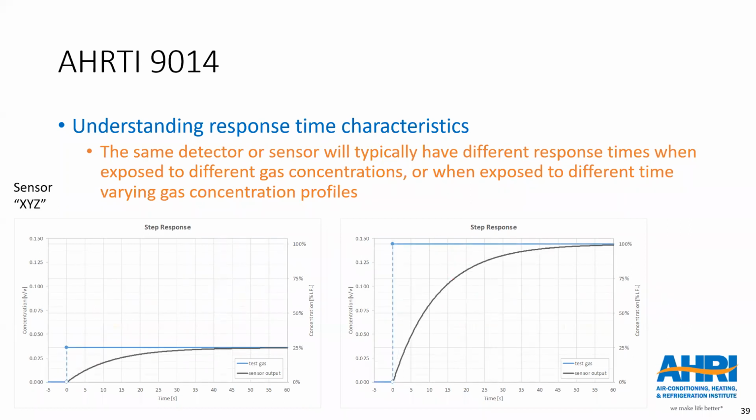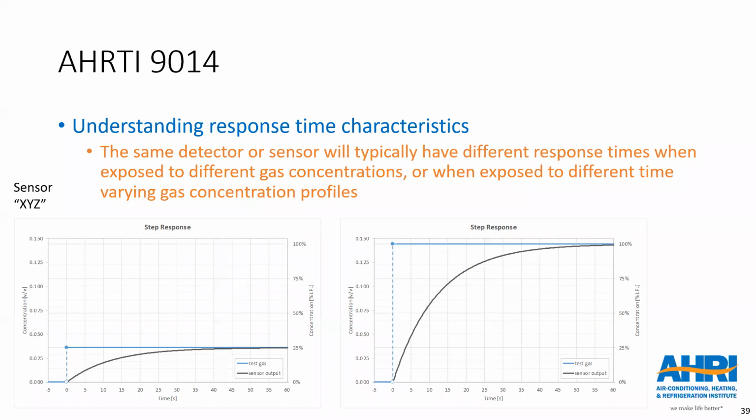So now we have a sensor model XYZ for another example with a slower response time. And just so you can see the differences, Greg, if you would go back to the ABC and then go forward, you'll see the slower response time as the black curve shifts.